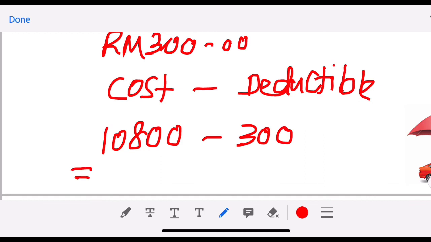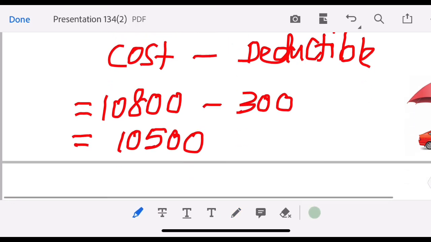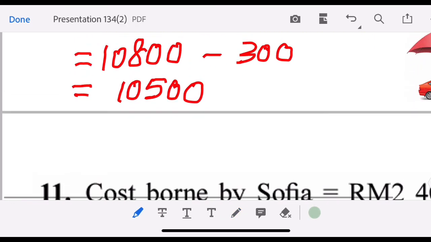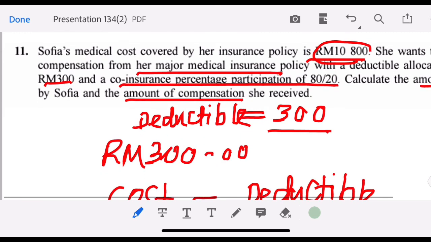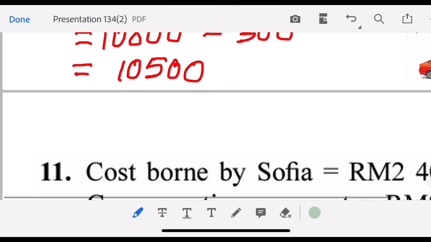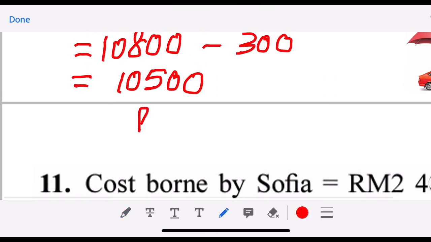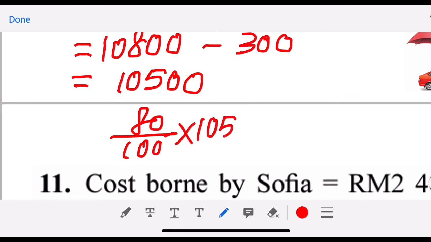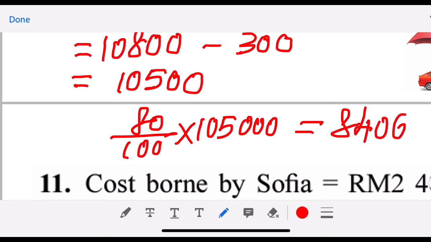So that means it's 10,500. Because this is a co-insurance, the amount of compensation that Sophia will receive will be 80% times the 10,500, so it will be 8,400, right?